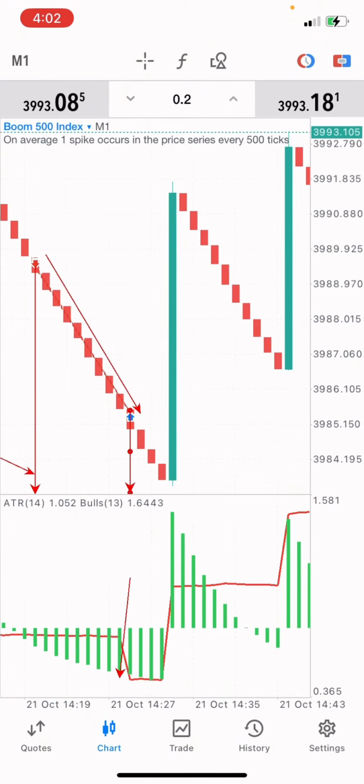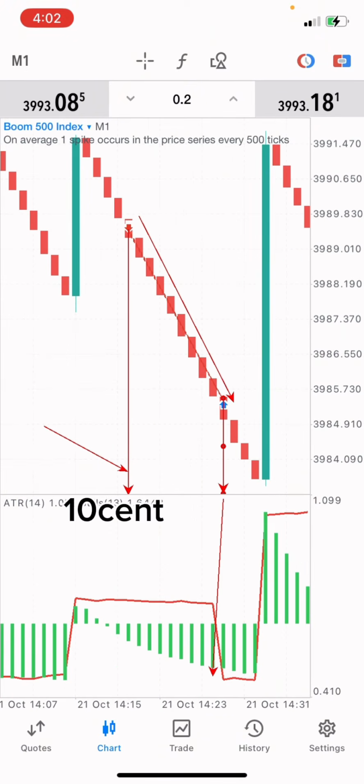Now each candlestick will give you about 10 cents, so 10 candlesticks will give you $1. Imagine if you entered about 5 positions, that's $5 you've made from this trade. So guys, let's make this calculation easy.